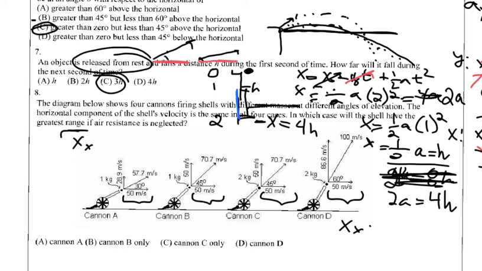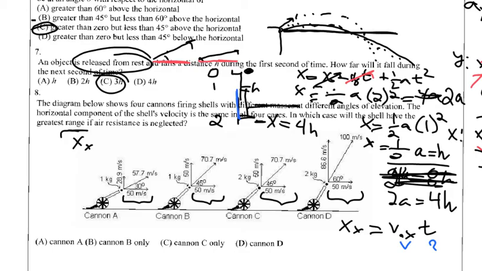So if you want to know which one has the biggest range, since they all have the same vx, you need to think about which one has the biggest t. The one that's going to have the biggest t, the longest time in the air, is the same one that has the largest y velocity.